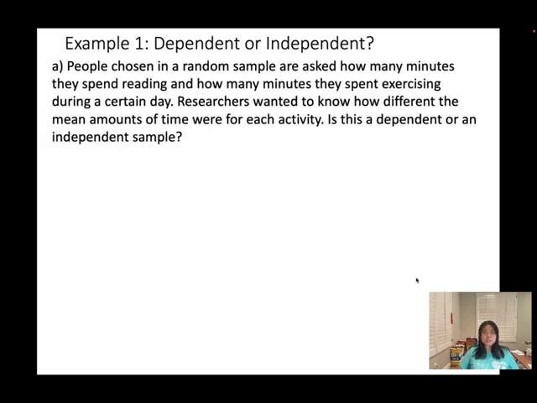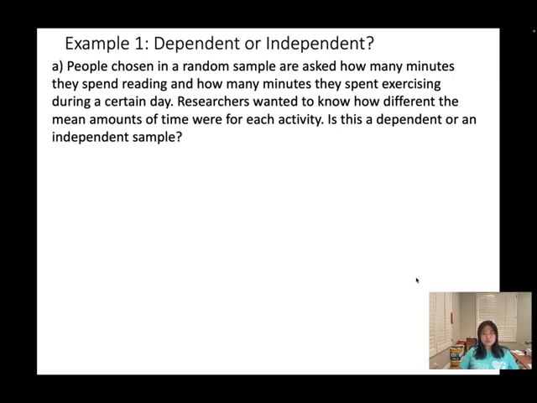Example 1. People chosen in a random sample are asked how many minutes they spend reading and how many minutes they spend exercising during a certain day. Researchers want to know how different the mean amount of time was for each activity. Is this a dependent or independent sample?